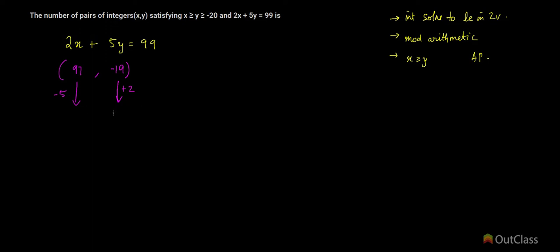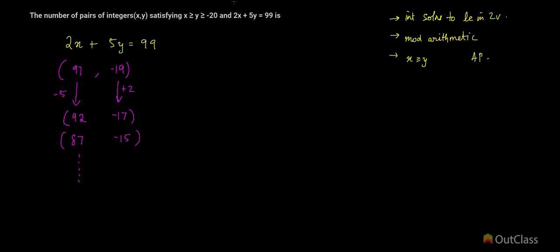So then the next integral solution is -17, 92. Then you will have 87, -15, and this will go on until you reach a point where x will become smaller than y. You have to stop counting just before that point. I don't want to list every case here.